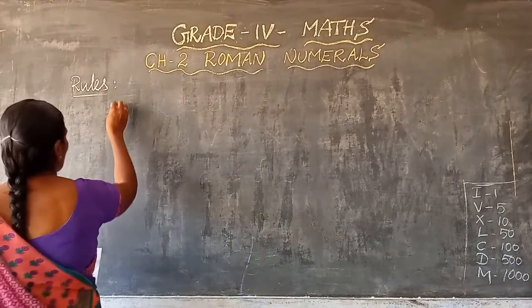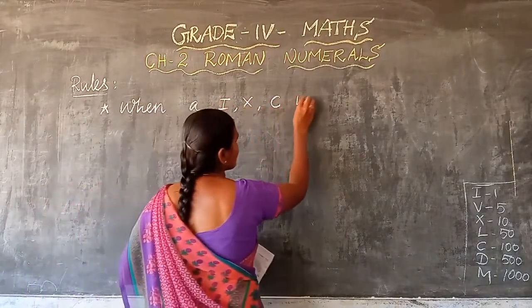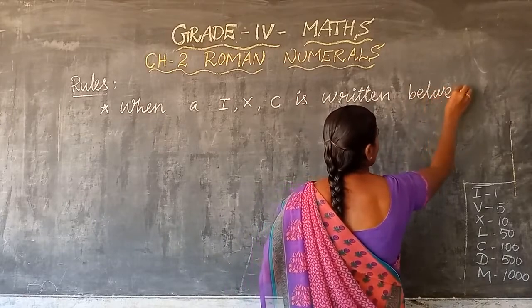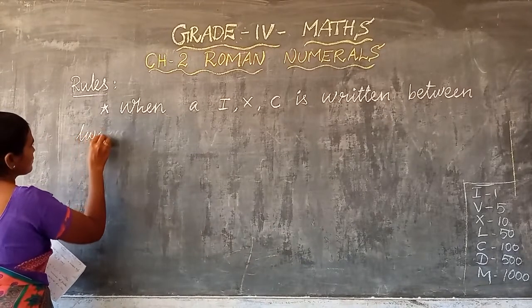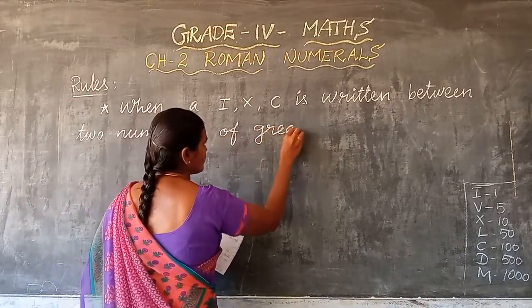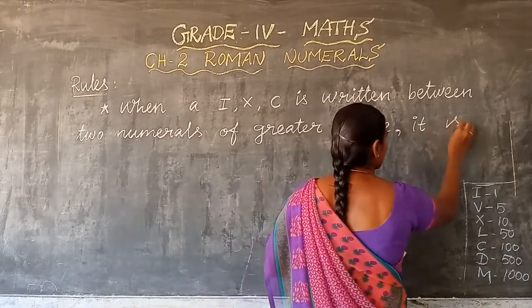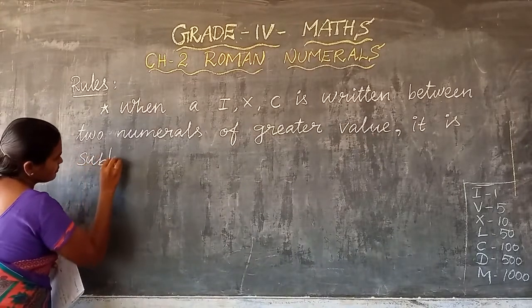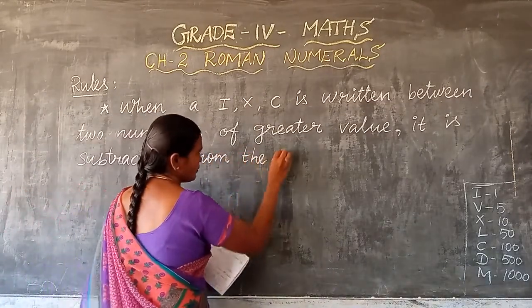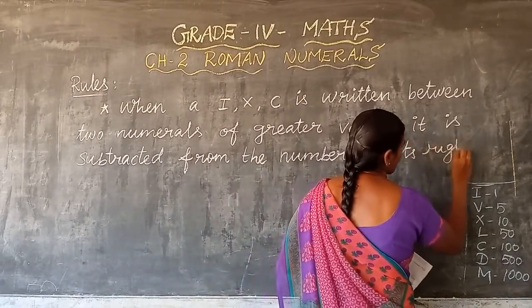So, next rule. When your I, X, C is written between two numerals of greater value, it is subtracted from the number on its right.